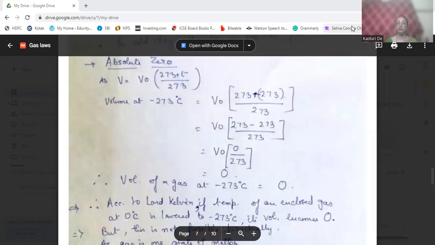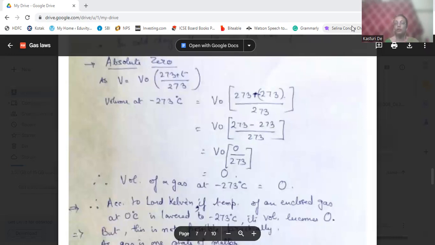Start with that discussion. So we studied in our previous video about the Gauss's law and Charles' law. So in that we were talking about absolute zero, absolute Kelvin temperature.